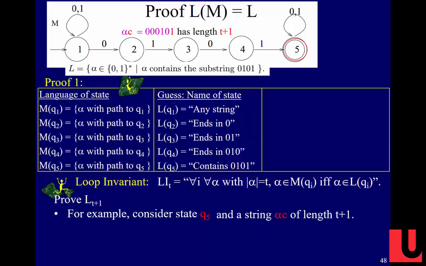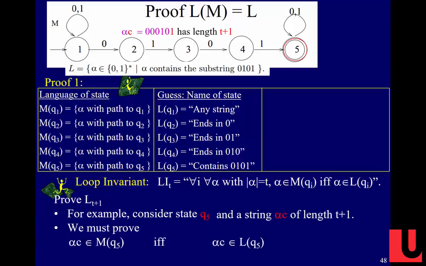Why? Because alpha will be of length t, and c will be of length 1, so alpha c is of length t plus 1. You didn't catch that before? Anyway, everybody get why we're doing alpha c? So this is an arbitrary string of length t plus 1.